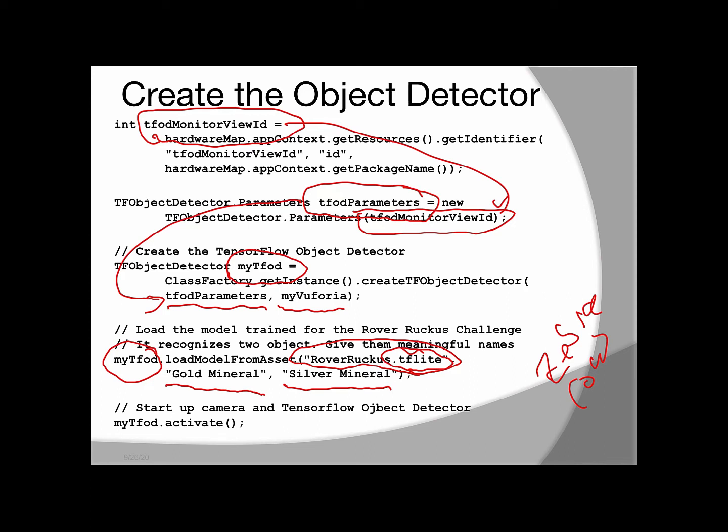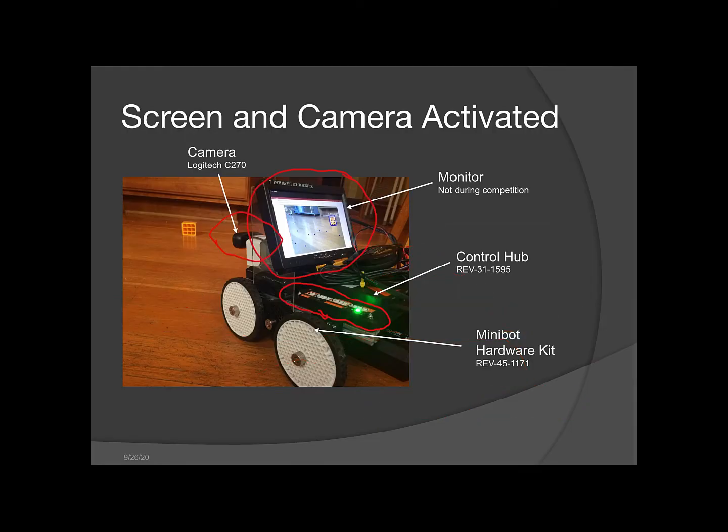Okay, final step in our initialization is to take that TensorFlow Object Detector that we have created and activate it. And so what does that do? Let's go back to this screen over here. And what that does is it starts up the object detector.